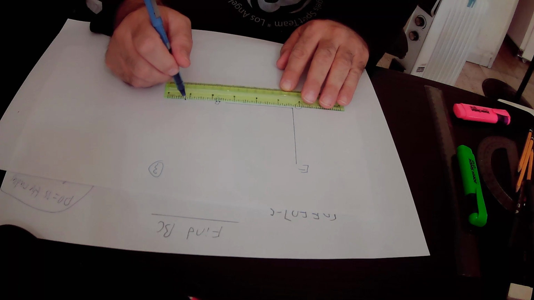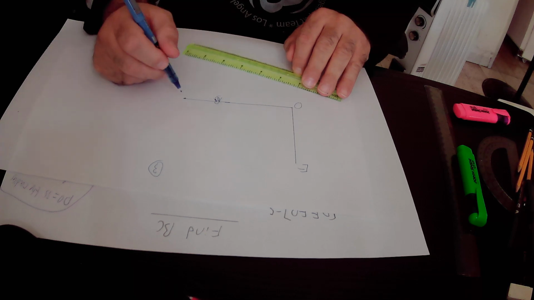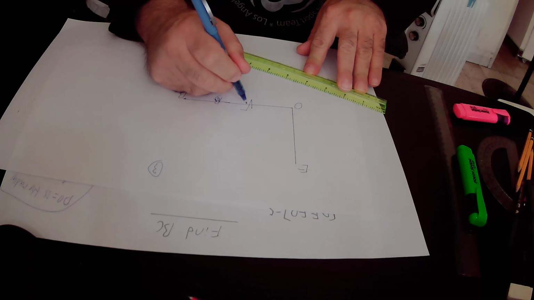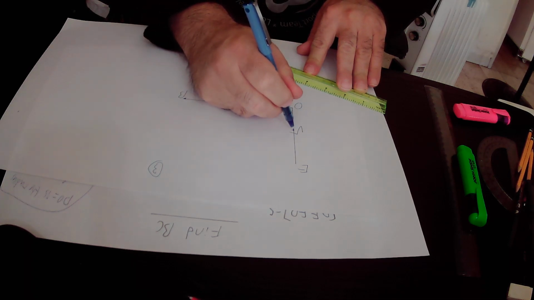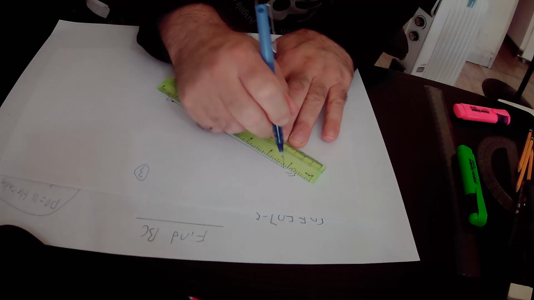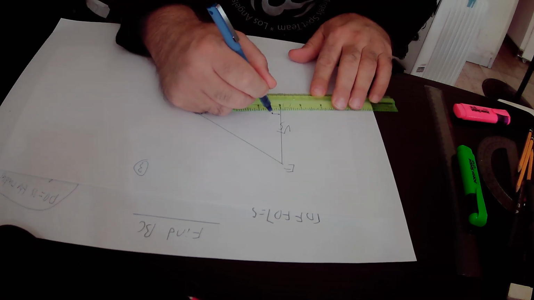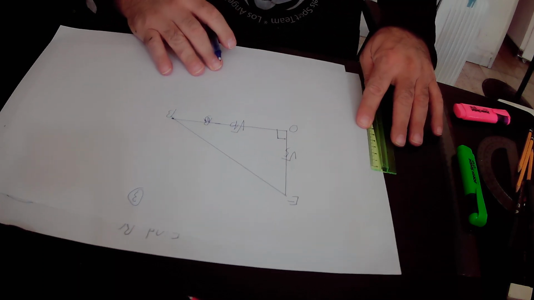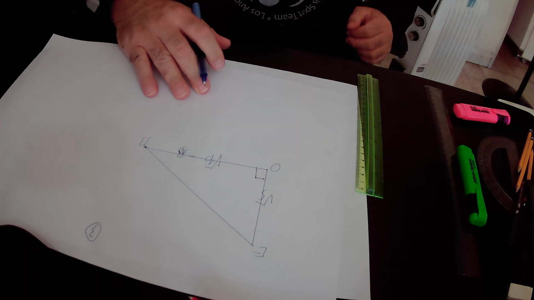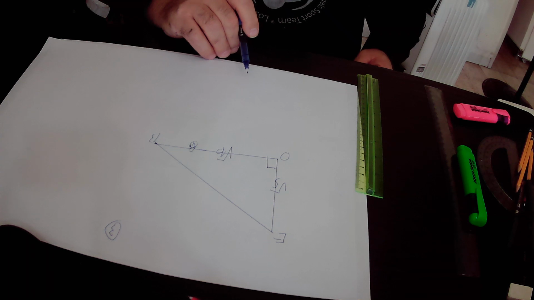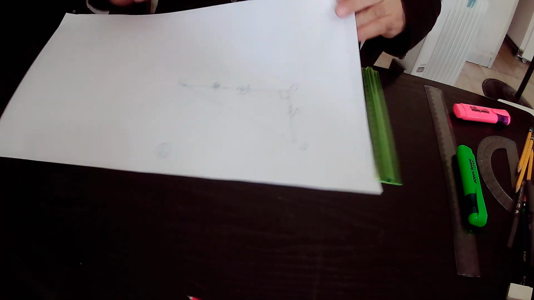Side OB is twice as long as side EB, so must be here. So actually, this is triangle EOB that I copied from the original drawing. This pink triangle.